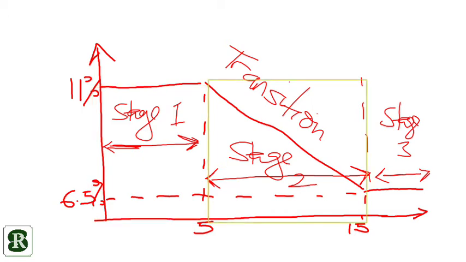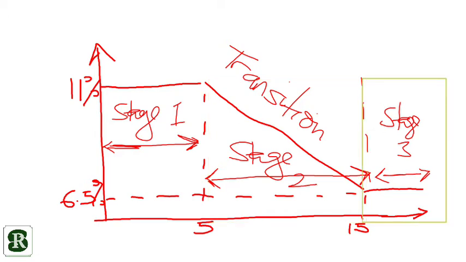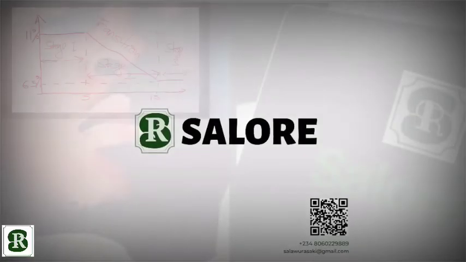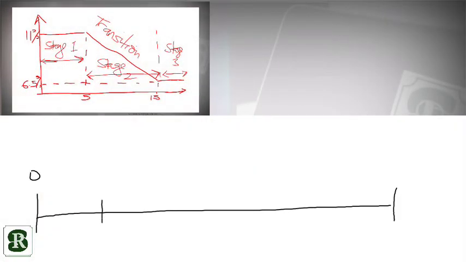Stage 2 is the 10-year period during which we expect dividend growth to slow from 11% to 6.5%. And then stage 3 is the period beyond year 15 when dividend is expected to grow at 6.5% per annum.